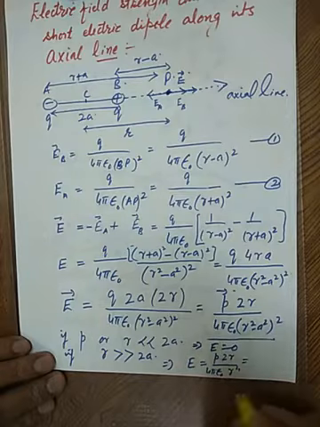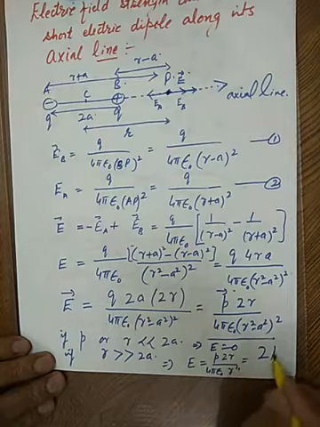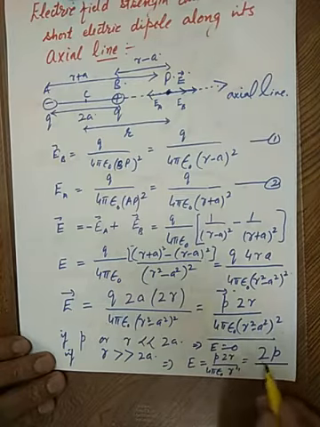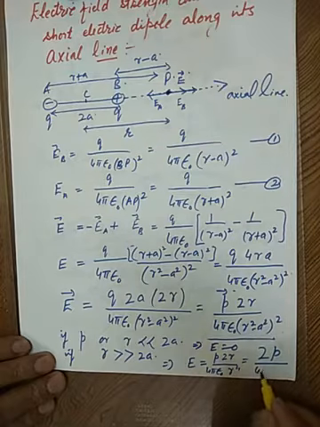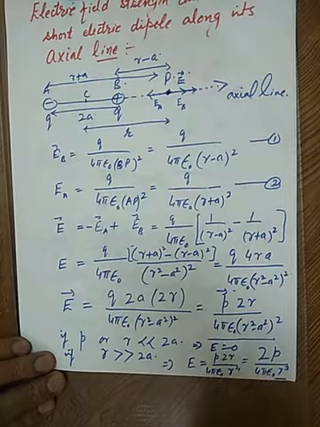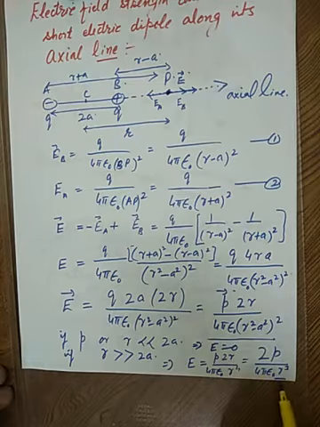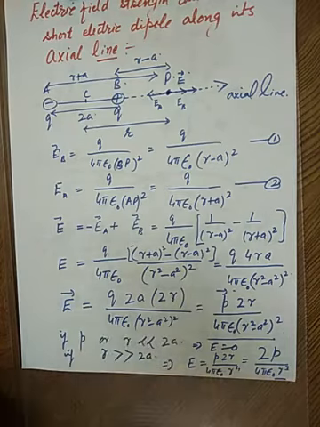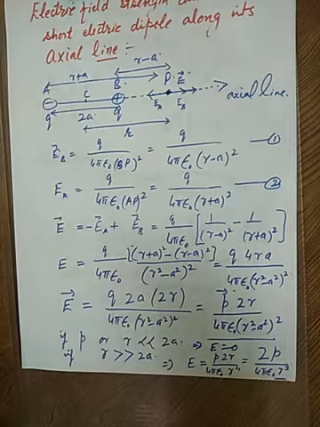So this r cancels, and our net value is equal to 2p upon 4 pi epsilon naught r cubed. This is the expression we obtain for an electric dipole along its axial line.